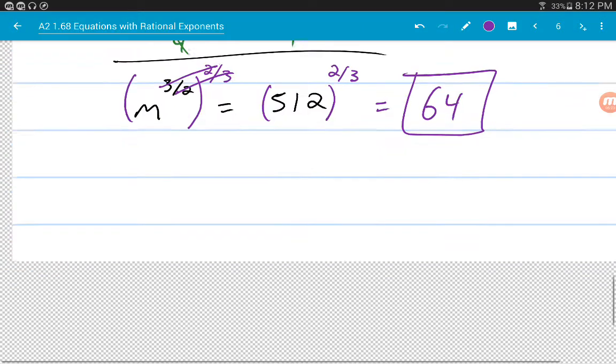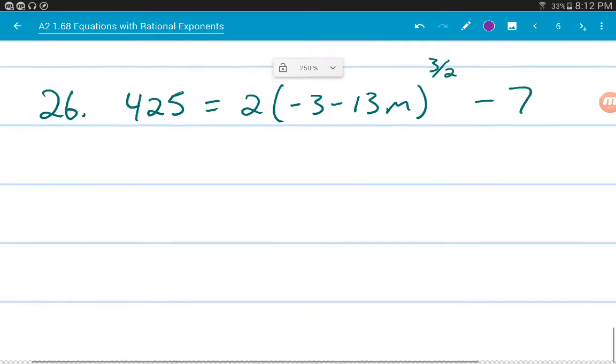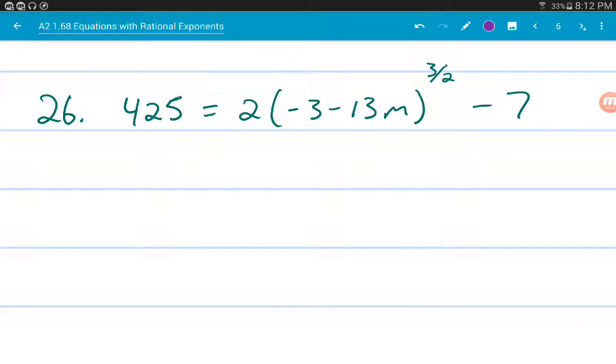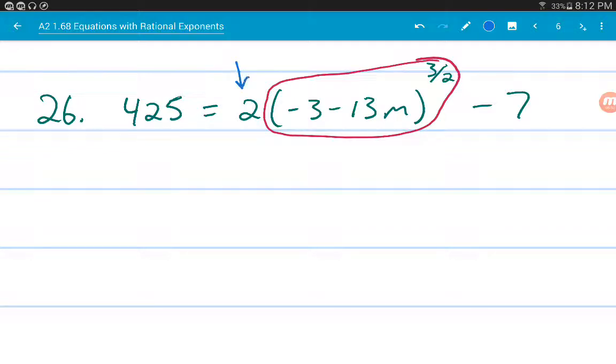Now let's do one that's a little bit more complicated, with a few more problem-solving steps involved, and that's question number 26. It says 425 is equal to 2 times negative 3 minus 13m raised to the 3/2 power minus 7. So let's address, what is the exponential term that needs to be isolated? It's everything that has the 3/2 power on it. So before I can use the reciprocal exponent, I need to get rid of this, and I need to get rid of this.